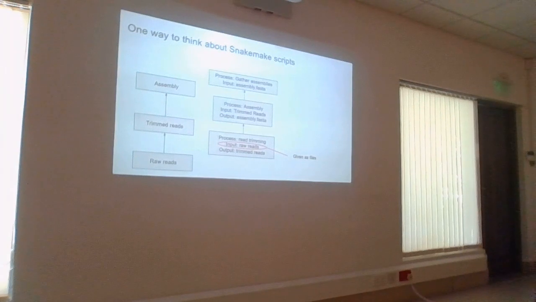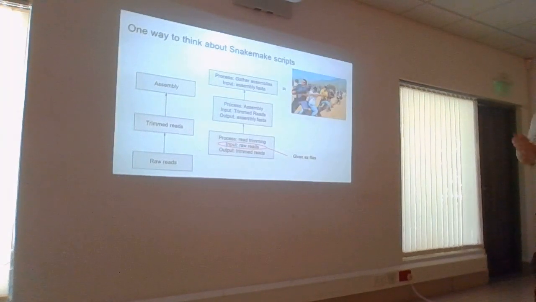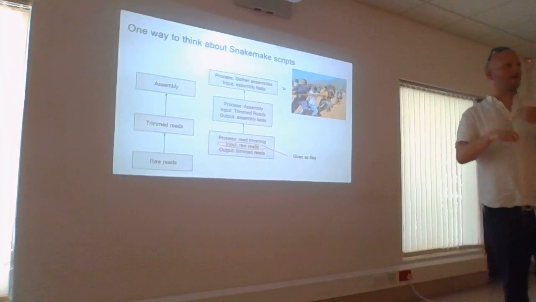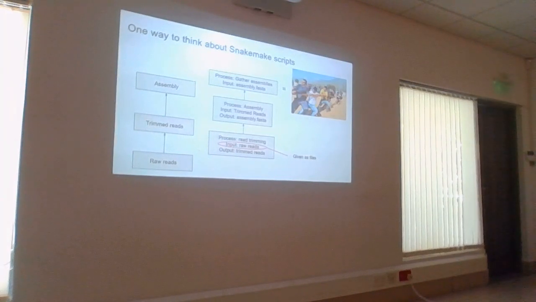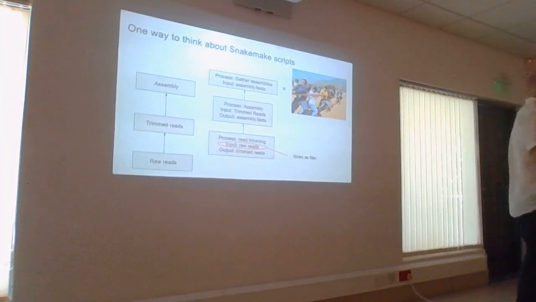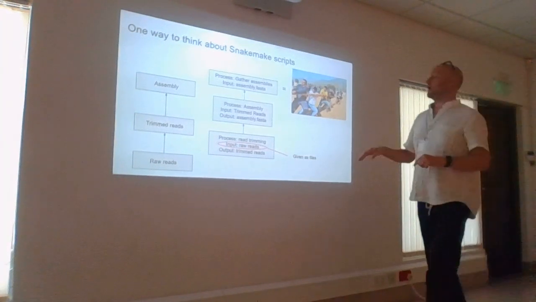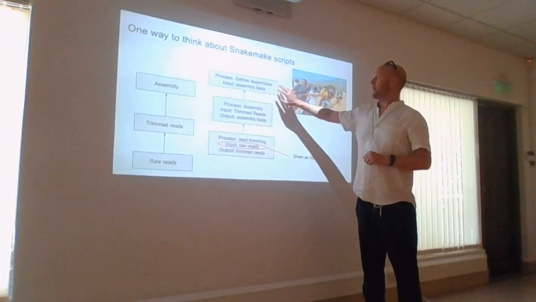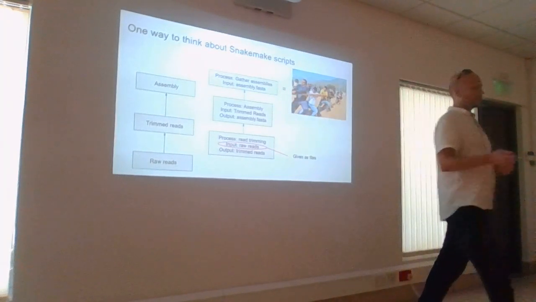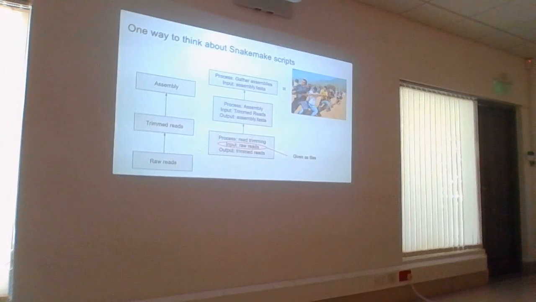You can just think of it as a rule that pulls the data through the pipeline. And this is the final thing: stop when you've got this. That's how to think about Snakemake. This is the pulling rule that you put at the end of your pipeline, but usually at the beginning of your script.